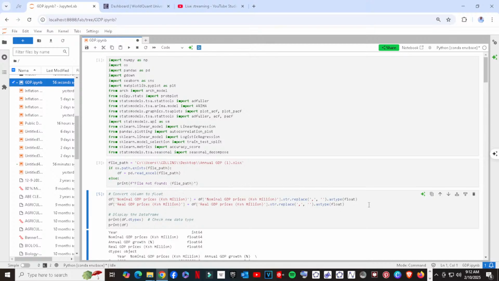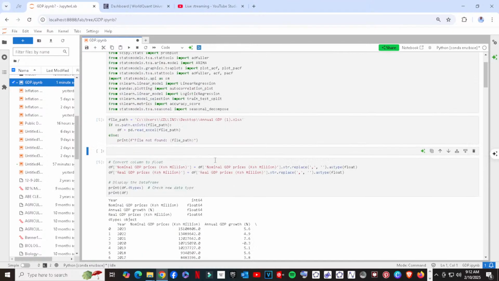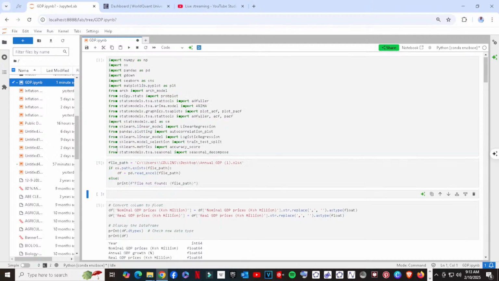So the first check that I'm going to do is a df, that's df for the data frame, because I said df is equal to pd.read_excel.